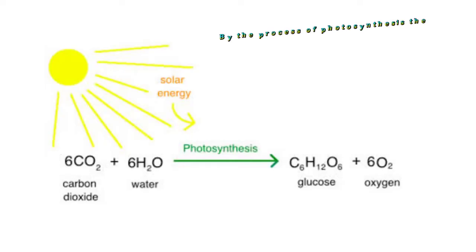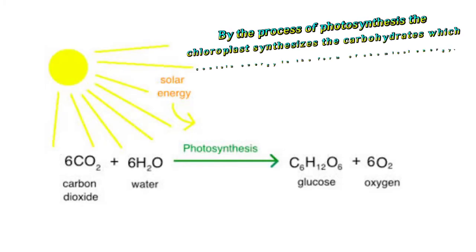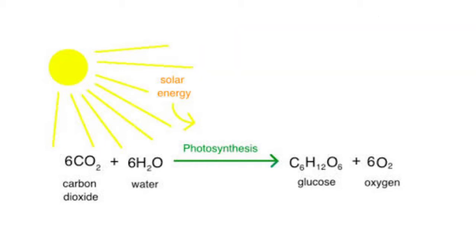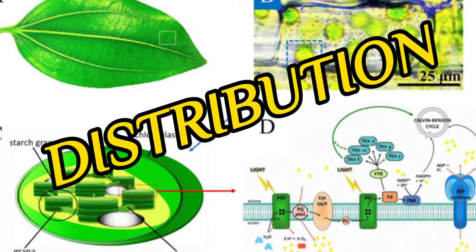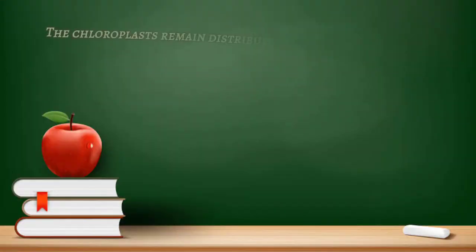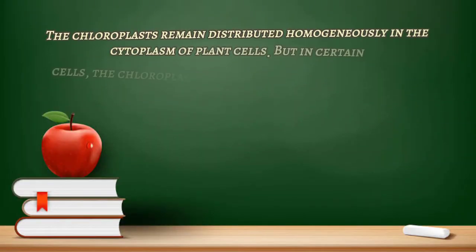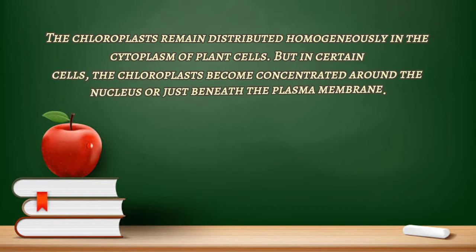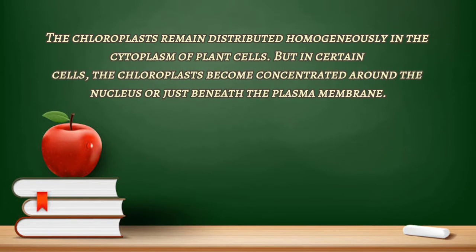By the process of photosynthesis, the chloroplasts synthesize carbohydrates which contain energy in the form of chemical energy. Distribution. The chloroplasts remain distributed homogeneously in the cytoplasm of plant cells. But in certain cells, the chloroplasts become concentrated around the nucleus or just beneath the plasma membrane.